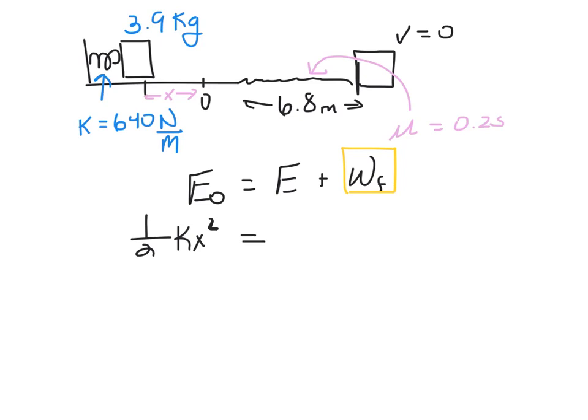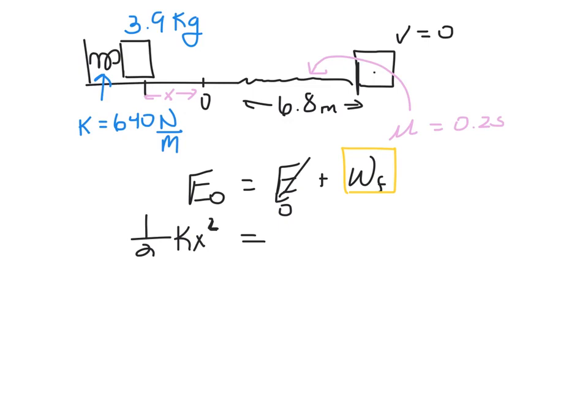And at the end, the block has slid to a stop, so there's no kinetic. Does it have a height? No height, no gravitational potential, and there's no spring at the end. So really, there is zero mechanical energy at the end.